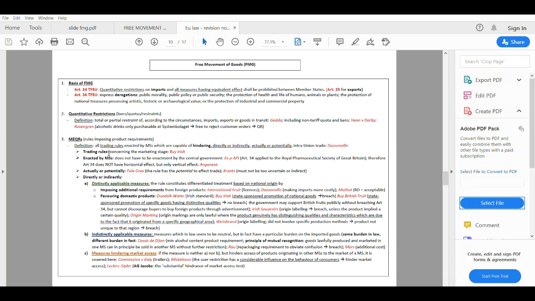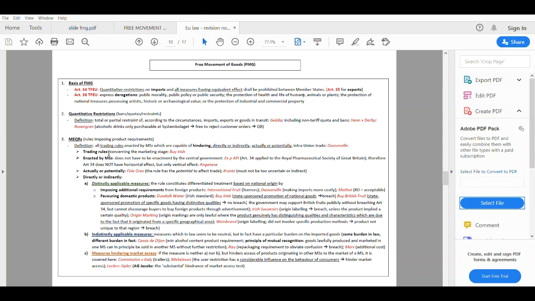However, it must be noted that for Article 36 to apply, firstly, it must be ensured that there was no EU harmonizing measure. So if the EU prescribed a standard or a measure for preserving an interest, the member state cannot impose their own measures for preserving the same interest, and this must be ensured before applying Article 36.